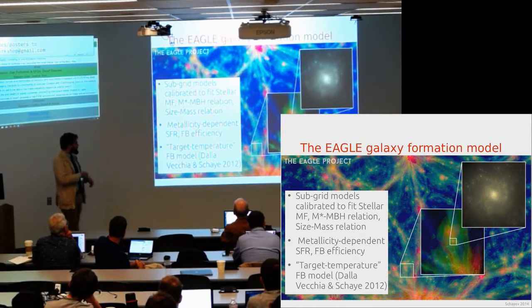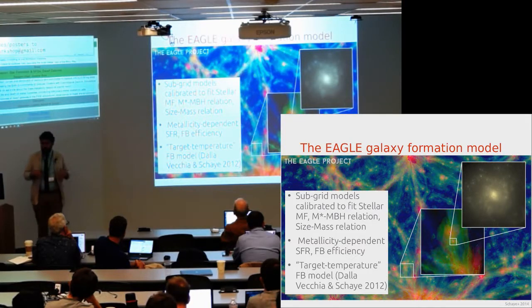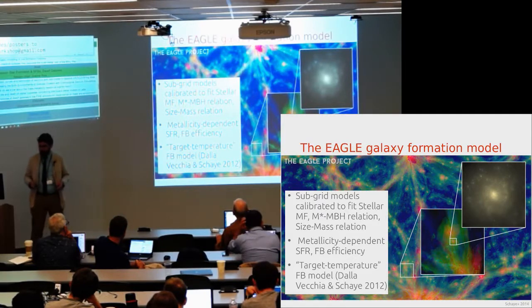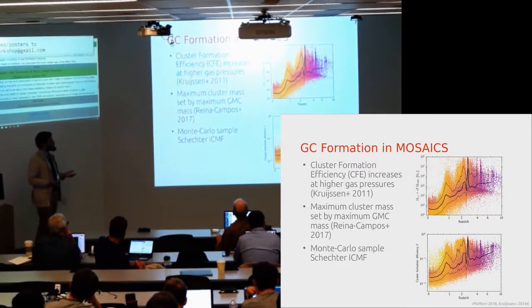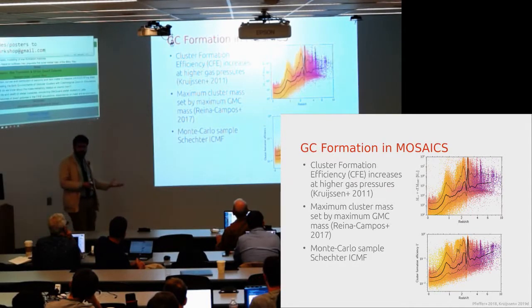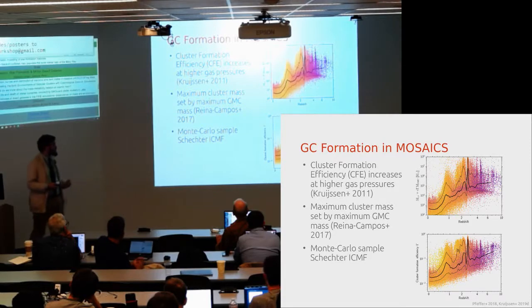And the way they do this is they include a metallicity-dependent star formation and feedback efficiency that's then coupled through this target temperature feedback model. Basically, you store up feedback energy until you have enough to deposit it without facing major overcooling. The MOSAICS side of the model includes, as I said, two pieces, a model for cluster formation and a model for cluster evolution.